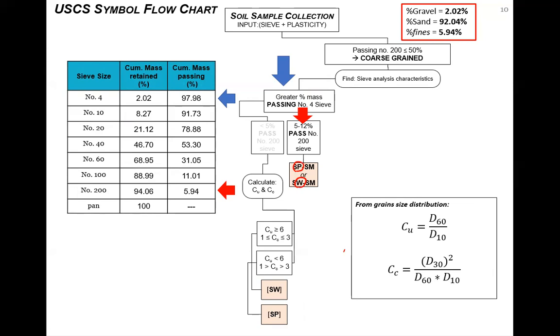So to do that, we look at our grain size distribution curve. And remember, from CE materials, we were just looking at it and visualizing it and determining whether it's well graded or poorly graded. Now we actually have numbers associated with that. So we look at our CU and our CC, which are calculated from our grain size distribution curve.